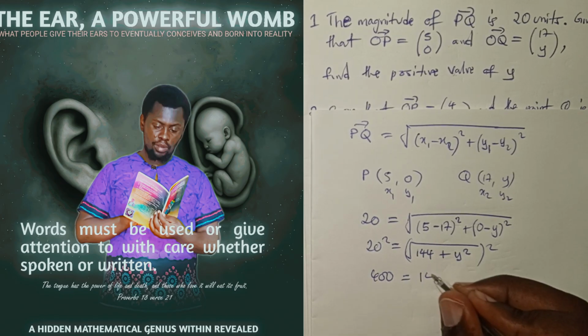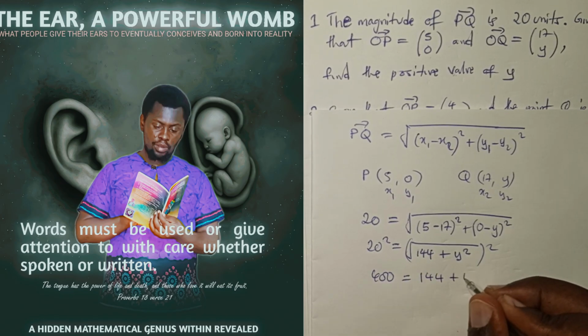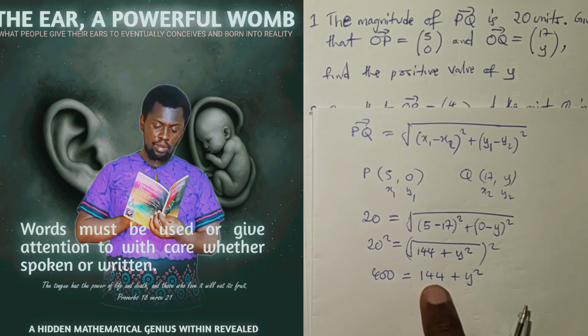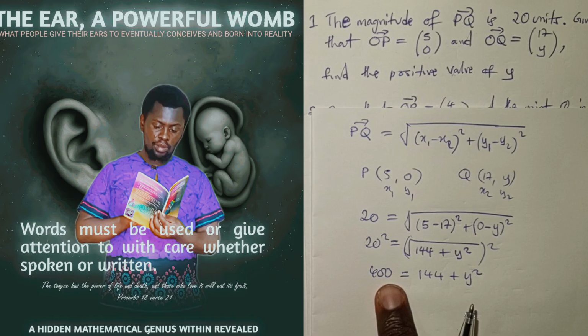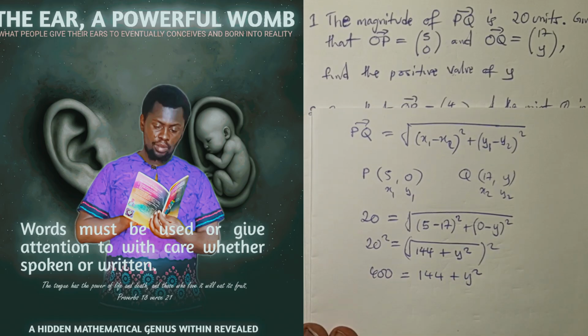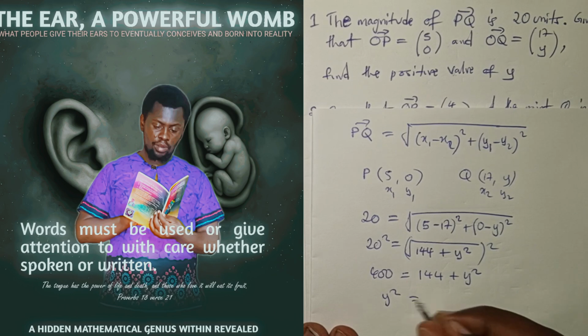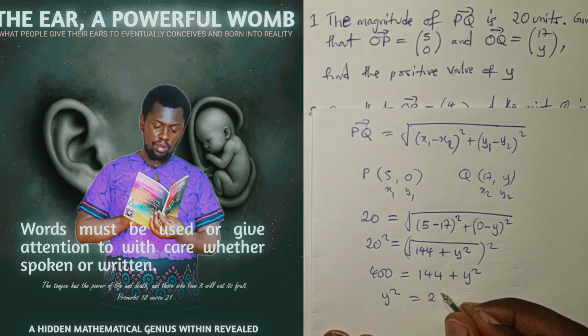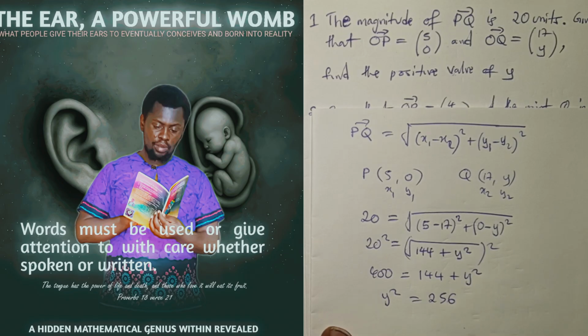So we're going to have 144 plus y squared. Since we want to solve for y, the 144 here will come this side, and it will be 400 minus 144. So you get y squared is equal to 400 minus 144, you get 256.